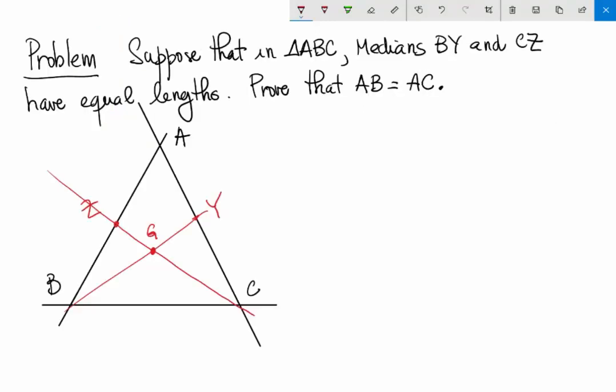Suppose that in a triangle ABC, medians BY and CZ have equal length. We are hoping to prove that AB must then be equal to AC. Okay.